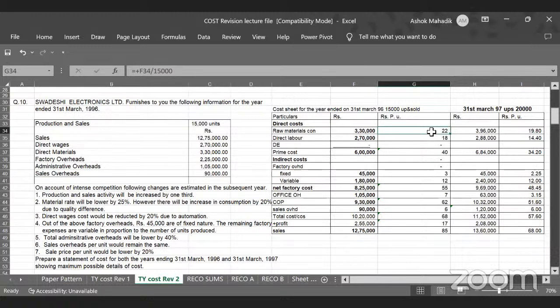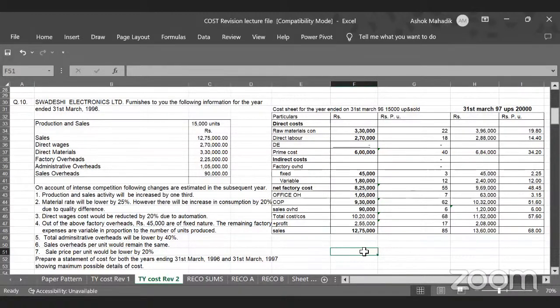So what is the raw material per unit? 22 rupees. And read the second adjustment. It says material rate will be lowered by 25%. However, there will be an increase in consumption by 20% due to quality difference. So now take a calculator, take 22, plus 20% for the increased consumption, and the price will lower by 25%.